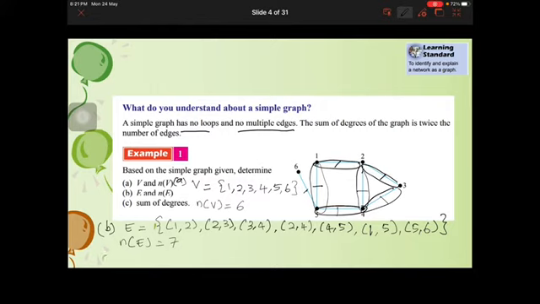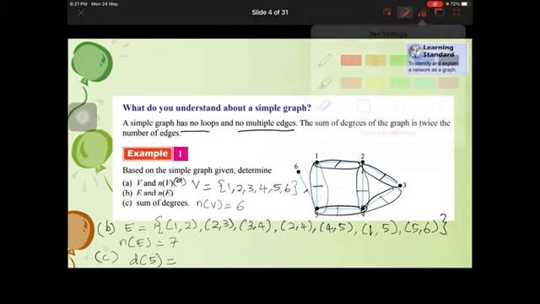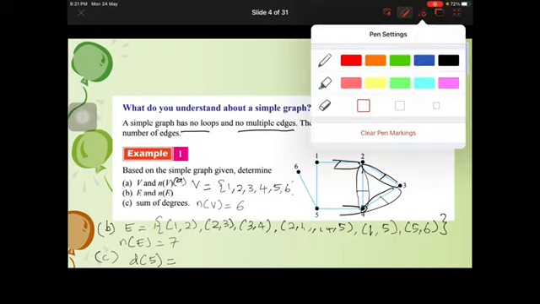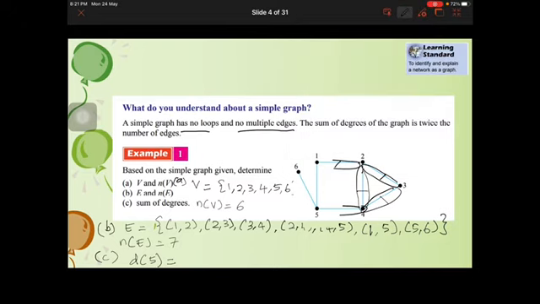Now how about C, sum of degrees? So degree is the number of edges that connect to a vertex. For example, let's say we take the degree of vertex 5. Now for vertex 5, I've deleted some edges, sorry.